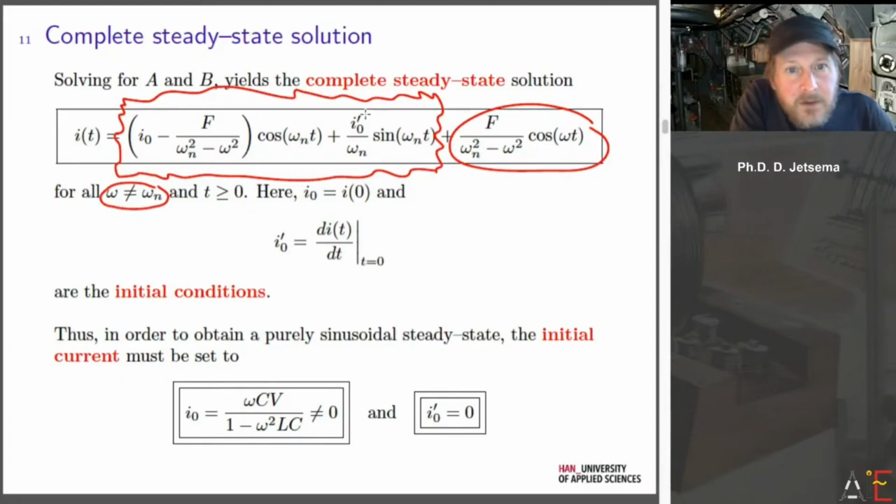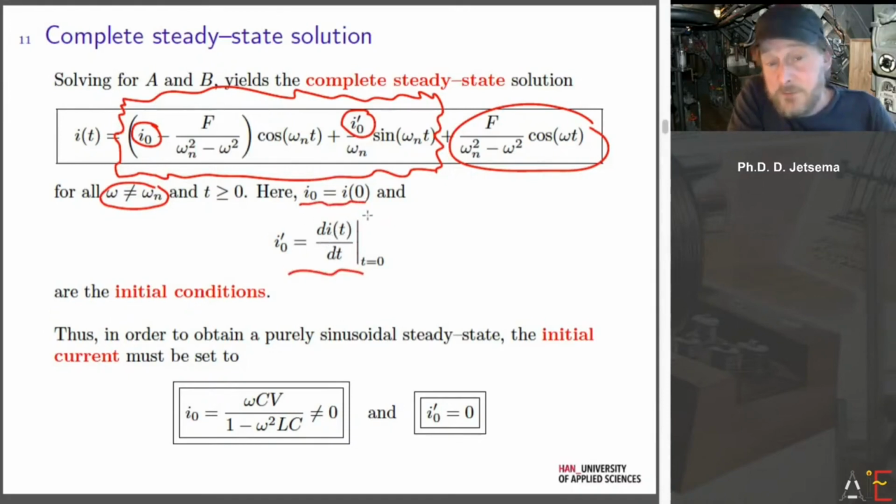What you see here are these two terms that are the initial conditions. This is the initial condition for the current, and here I choose to start at t equals 0, but you can of course start at whatever t you want, since we can always shift along the time axis.